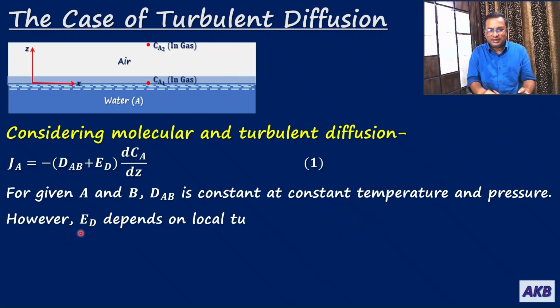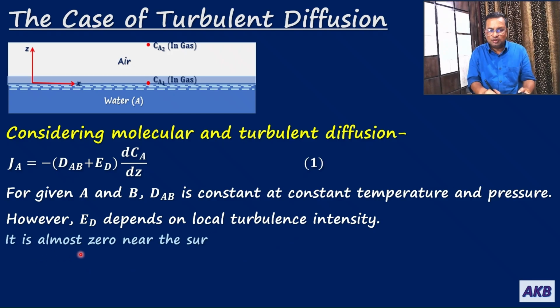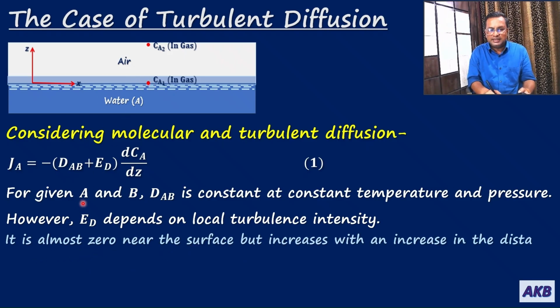But ED, the mass eddy diffusivity, depends on local turbulence conditions. So it is almost zero at the surface. When you are at the surface, DAB is predominant. ED is almost zero at the surface because here conditions are stagnant. So ED depends on local turbulence intensity.